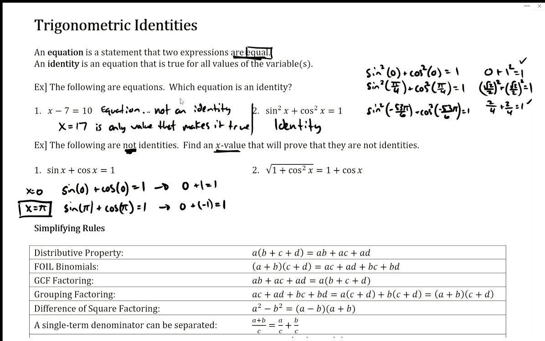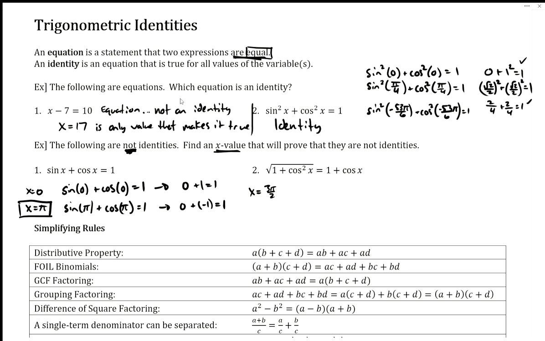This one also is definitely not an identity. Again, choose your value wisely and then double check. For instance, let's do x equals 3 pi over 2.